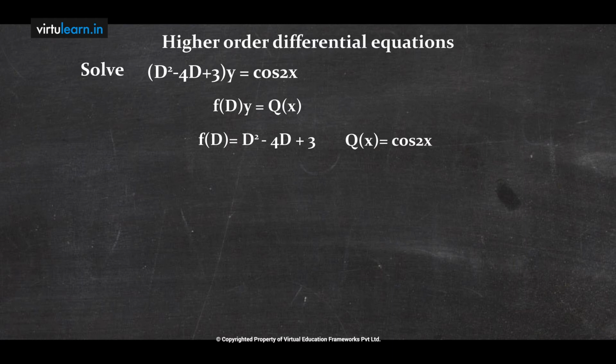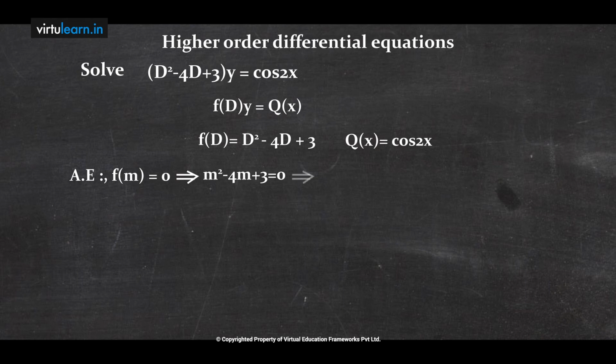In every problem, first calculate the complementary function. To calculate it, consider the auxiliary equation f of m equals 0, that is, m square minus 4m plus 3 equals 0.